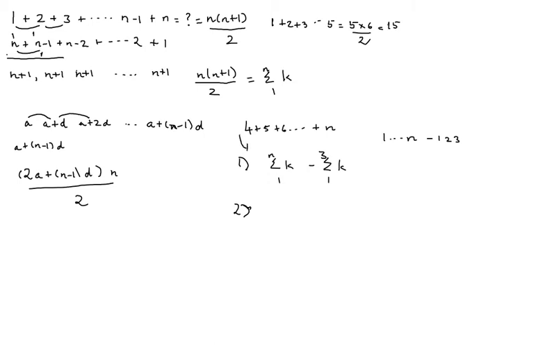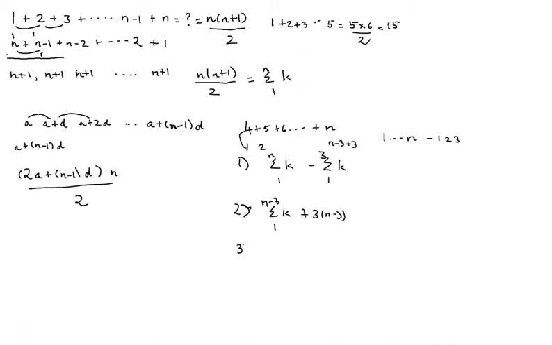So 4 is nothing but 1 plus 3, 5 is nothing but 2 plus 3, right? Similarly, n is nothing but n minus 3 plus 3. So this is the summation of numbers from 1 to n minus 3, and 3 is added to each of the numbers. I need to add this 3 n minus 3 times because there are n minus 3 numbers, right?